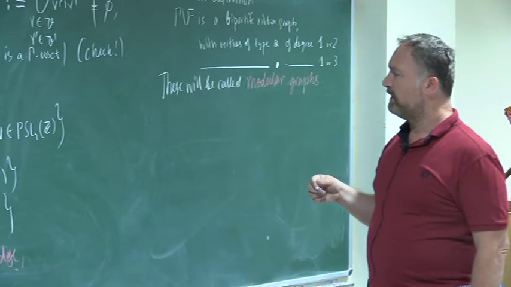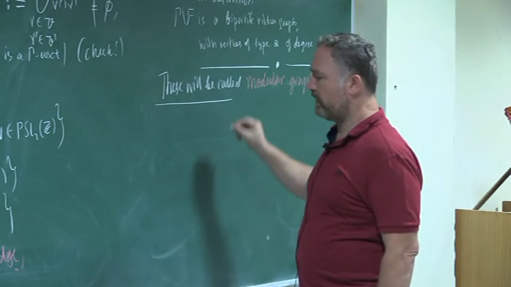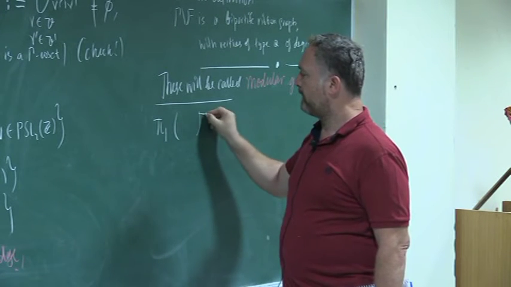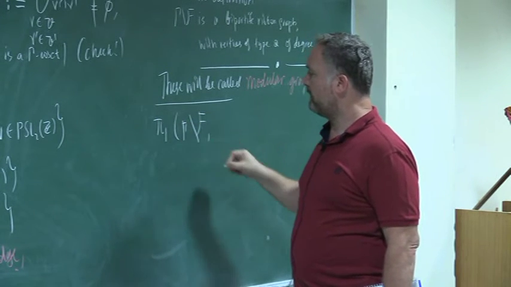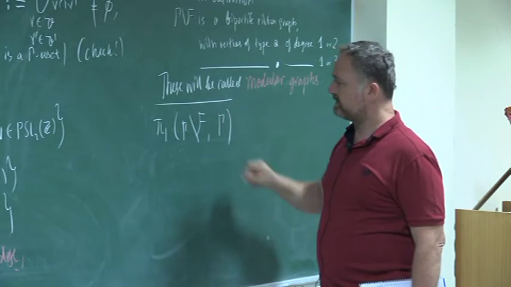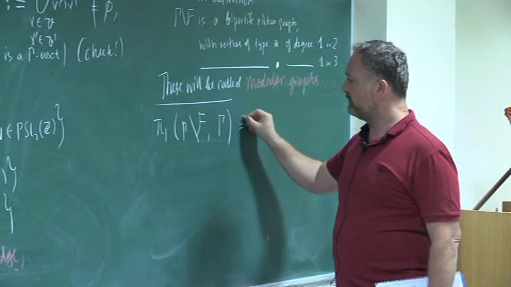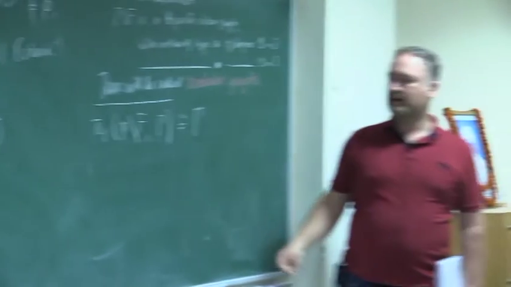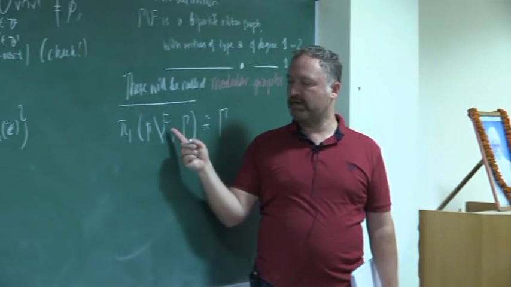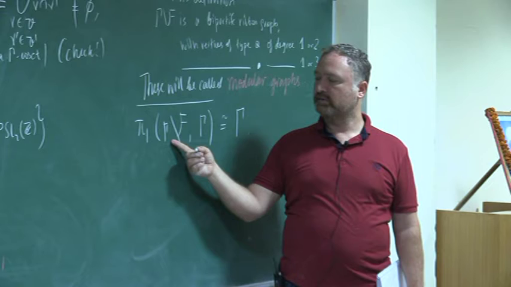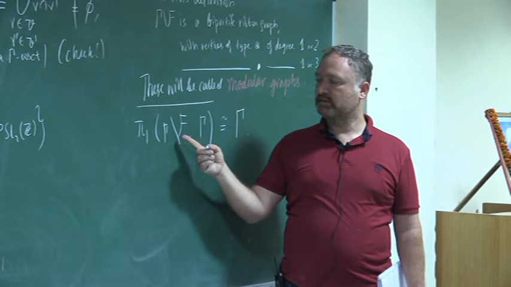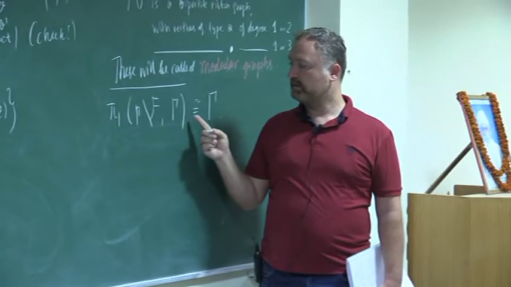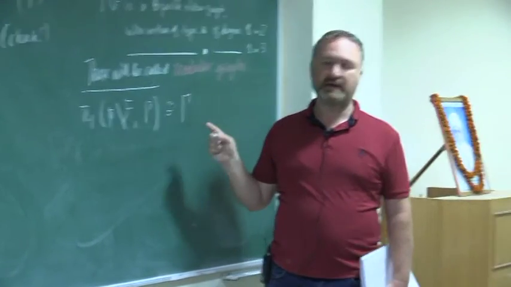So one will have that pi 1 of F over gamma, based at that special edge, which is gamma, is going to be isomorphic to gamma. I didn't do that here, but it is possible to define the fundamental group of such a graph so that its fundamental group based at that special edge, gamma, is the group gamma itself.